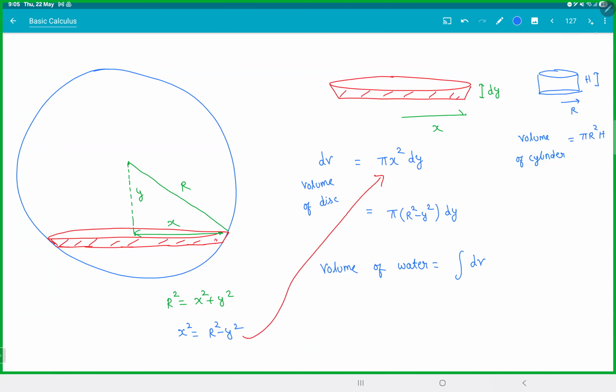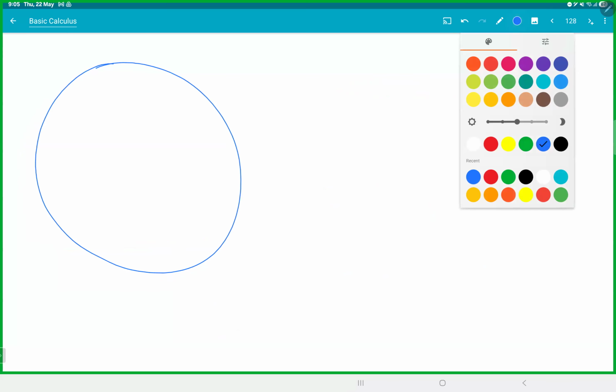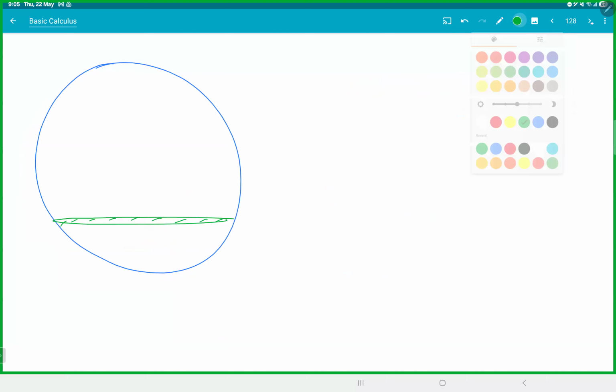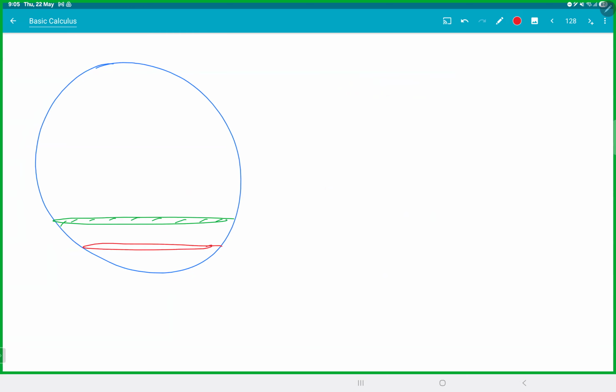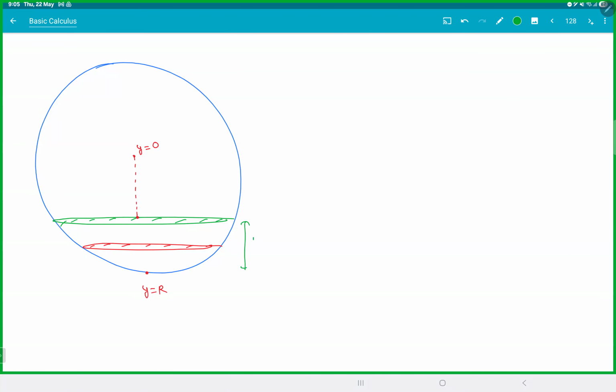Now, just look at these y coordinates. I'll just redraw it again. So initially the water was filled till here. And you have taken y as the distance from the center. So you have taken a thin disk like this. So at the center, y is 0. If you're coming down, at this point y is equal to r. Remember, this was h.